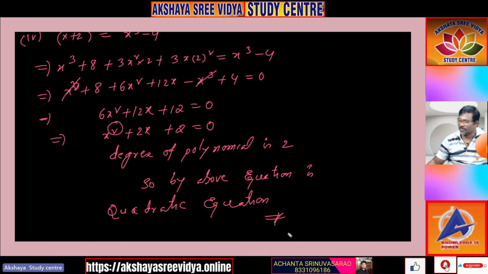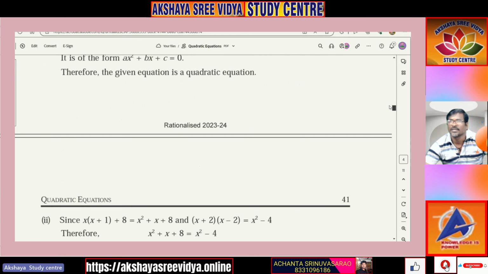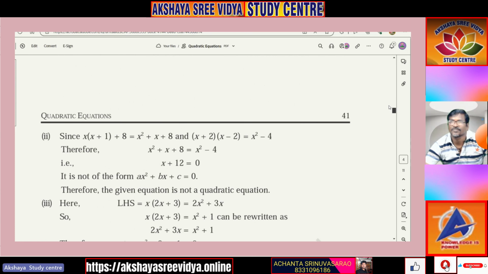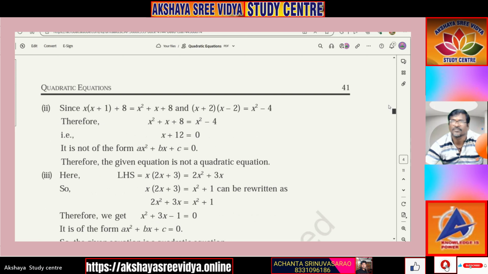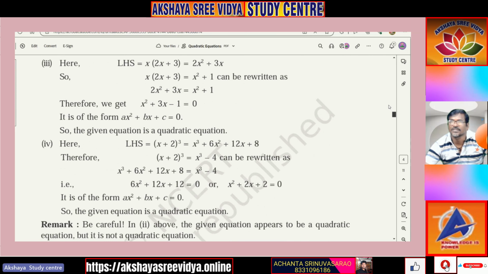Okay. First equation is a quadratic equation. Second equation is not a quadratic equation. Third equation is a quadratic equation. Fourth equation is a quadratic equation. Be careful.